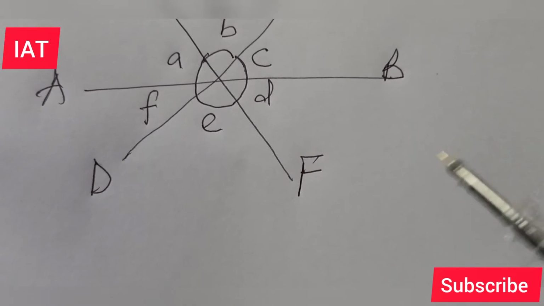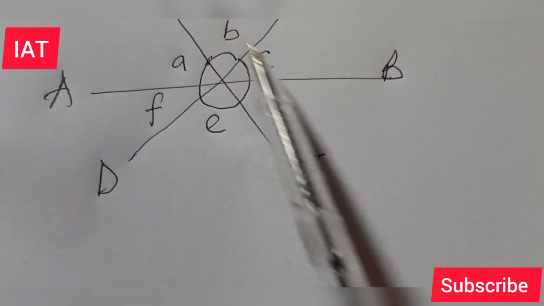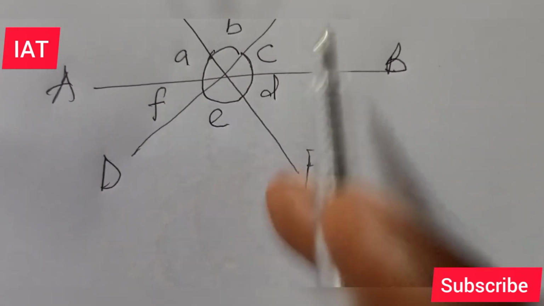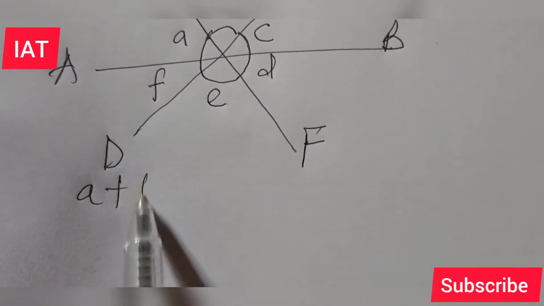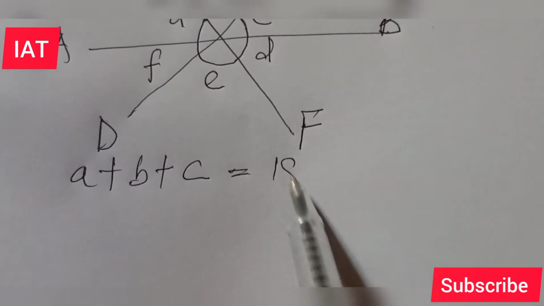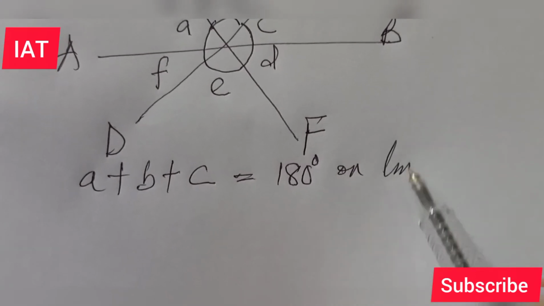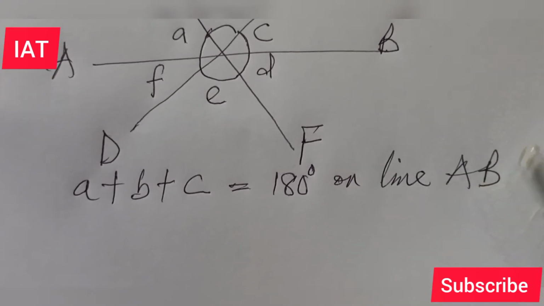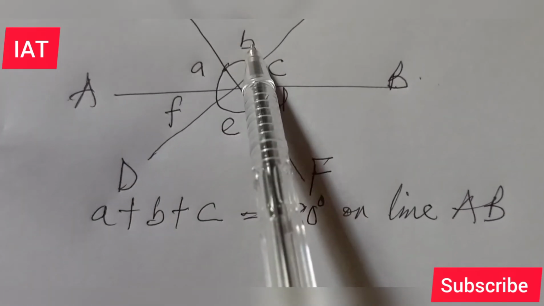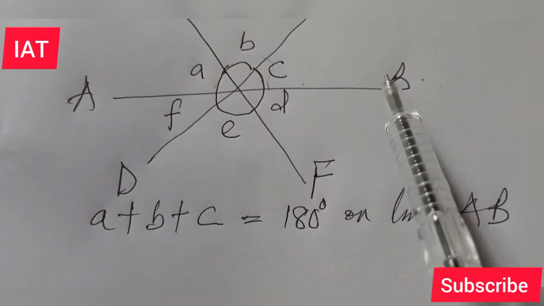You can see this point A, B, C lies on this straight line. If I add up A plus B plus C, the whole of this will be equal to 180 degrees. This is line AB, and lying on this line we have A plus B plus C. The whole of this angle will be equal to 180 degrees.